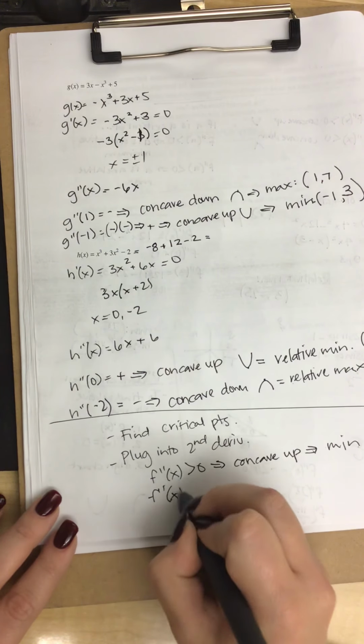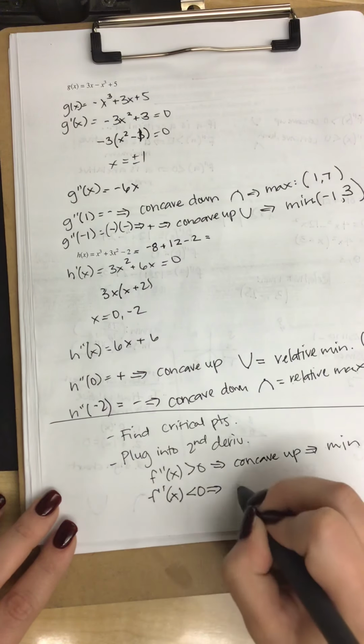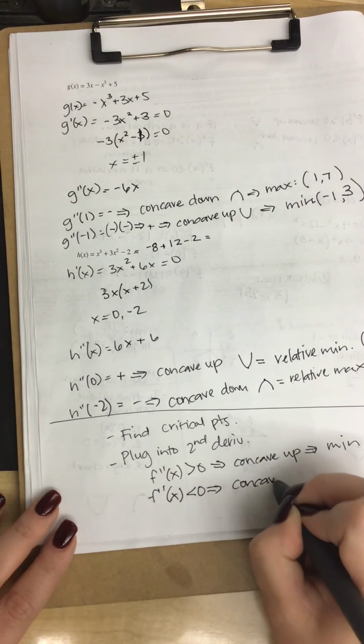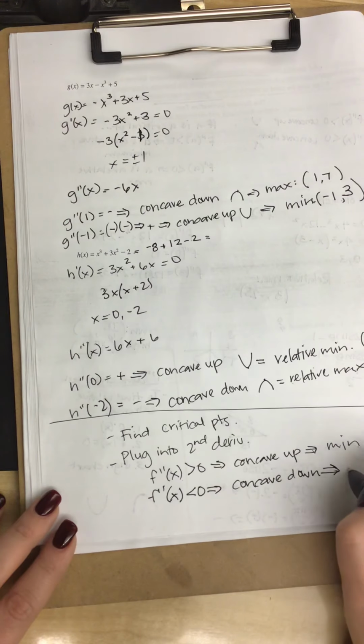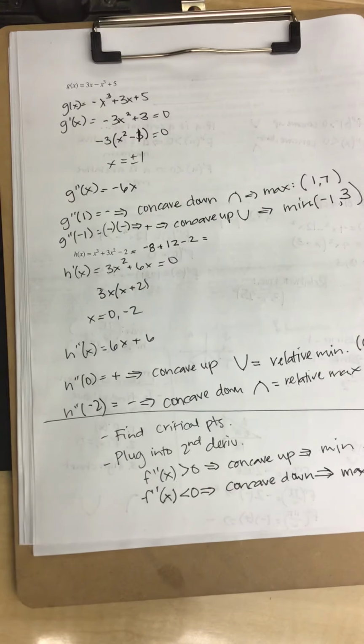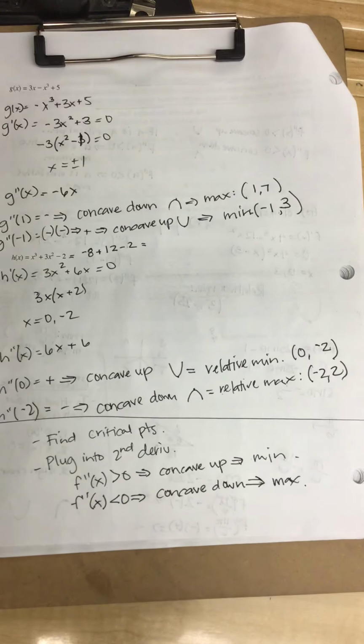So if you plug in your second derivative and it's negative, that means that the graph is concave down there, and therefore that critical point is a maximum. Okay. Yes, you could do this by a sign chart, or you can do this if you don't want to do a sign chart, especially if that second derivative is easy to take.